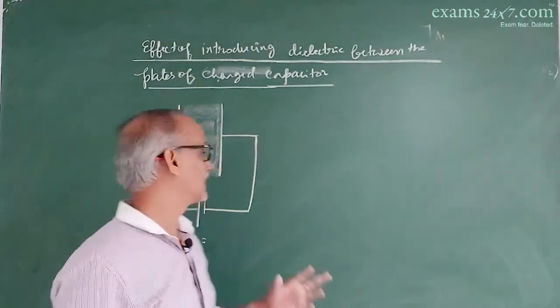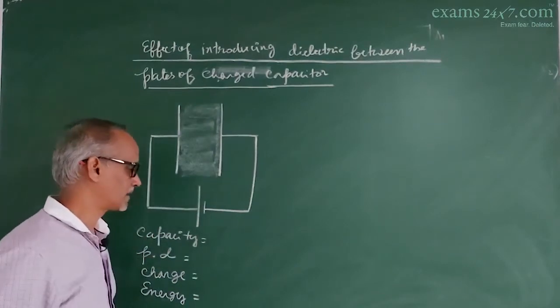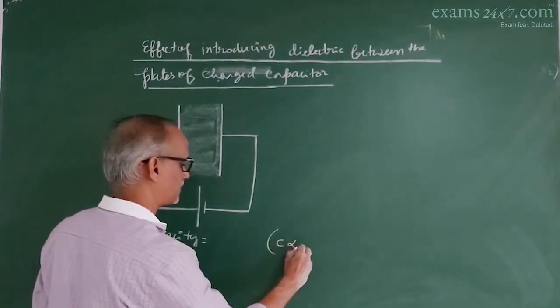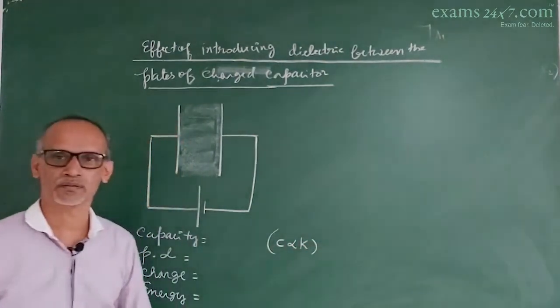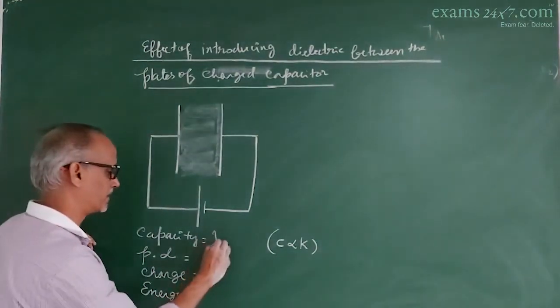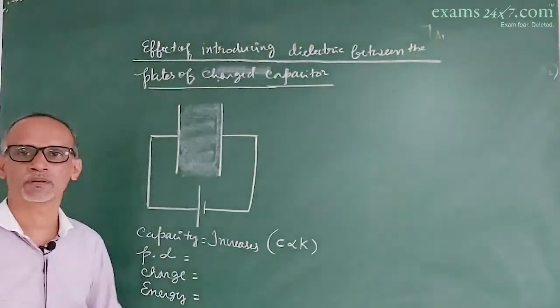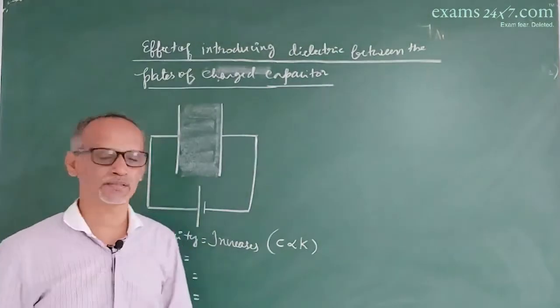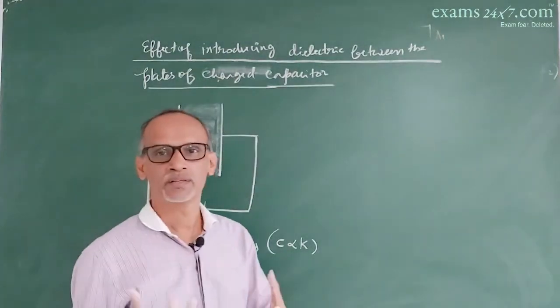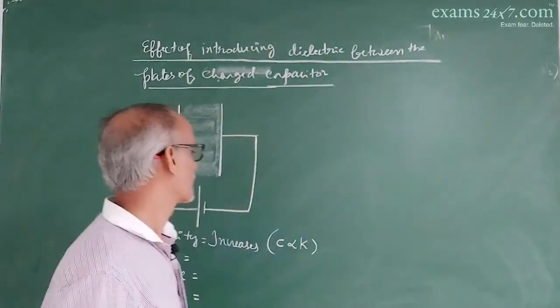See, when we introduce a dielectric, we know that the capacity is directly proportional to the dielectric constant. So definitely capacity increases. Now when the capacity increases, the capacitor is capable of storing more charges.